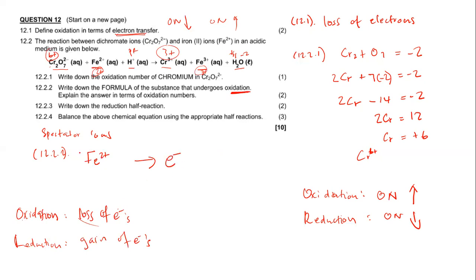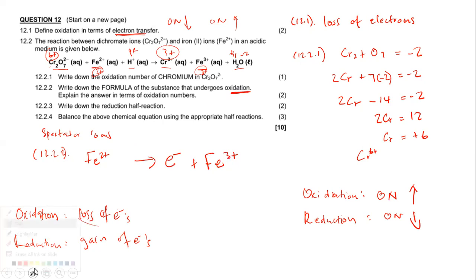When Fe2 plus loses the electrons, it forms, on the product side, Fe3 plus. Can you see that? So they say write down the formula. Oh, sorry, not the equation, the formula. This is the equation. If they wanted the equation, you're going to do this, okay?